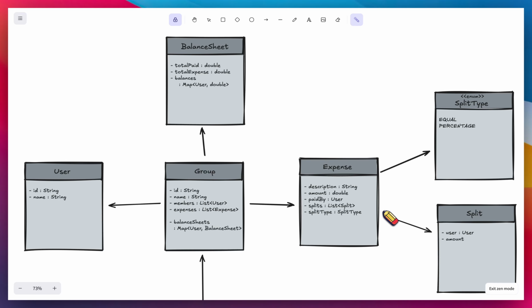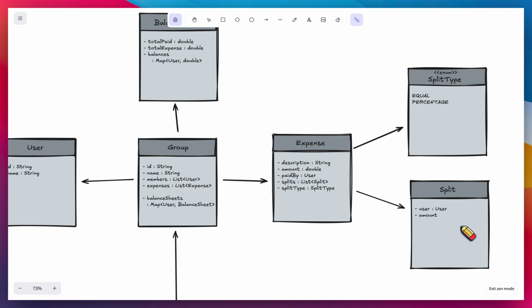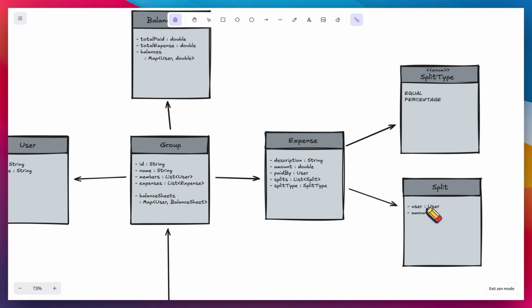Instead we can have one additional piece of information if we have a list of split, because each and every split will have the participant who has participated in this expense plus the amount which this user is going to pay, right? So I discarded the plan of using the list of participants or list of users and went with a list of split. Okay, and this expense class will also have the split type like equal, percentage, etc.